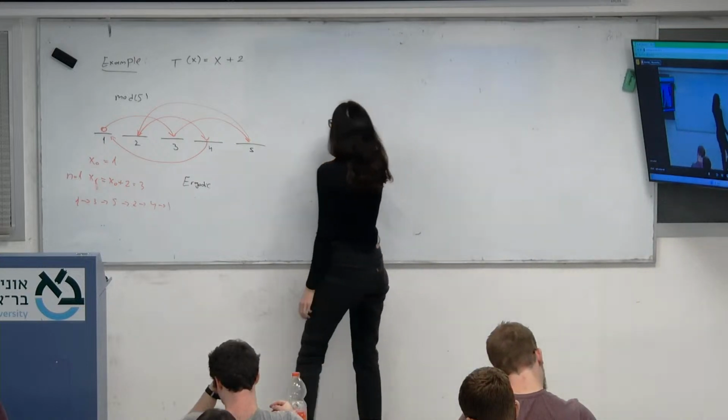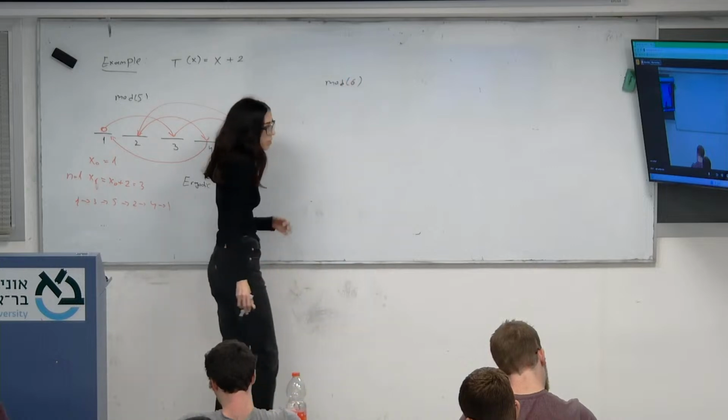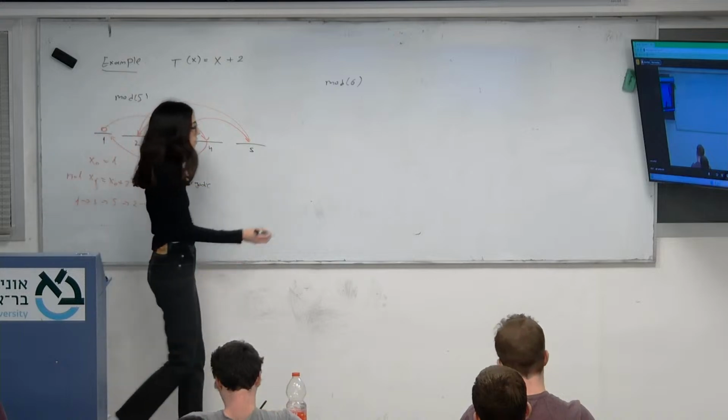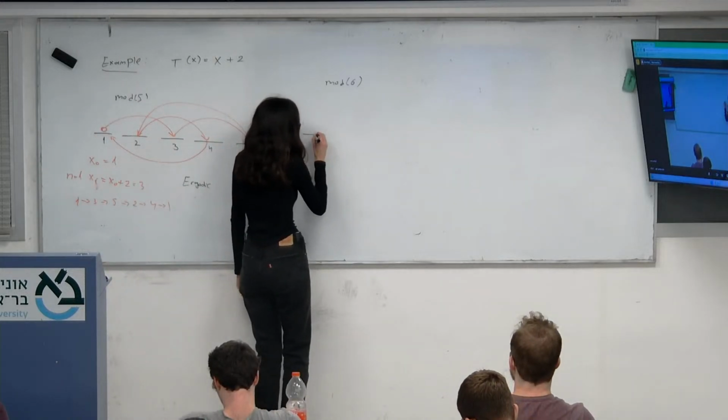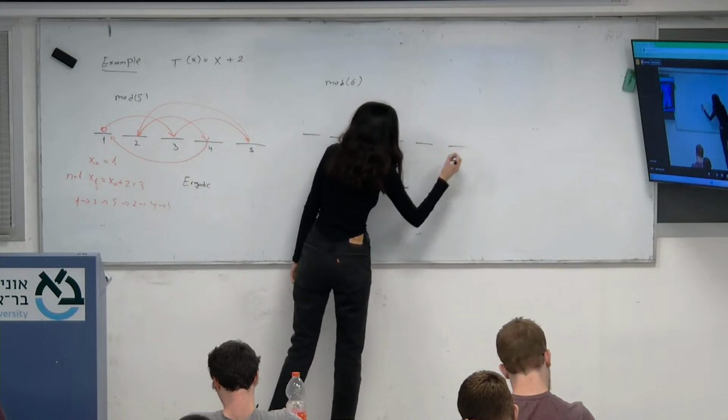Another case: what happens if we take systems that have an even number of sites? So instead of 5, we take 6. So we have 1, 2, 3, 4, 5, 6.